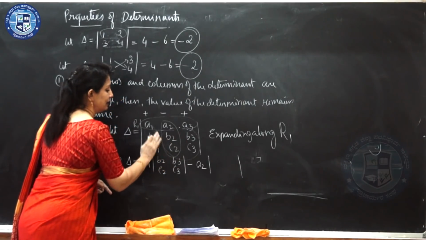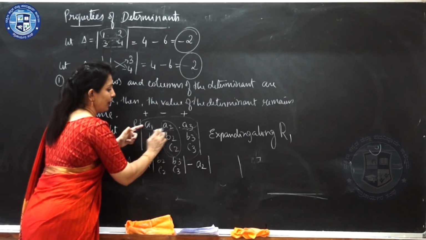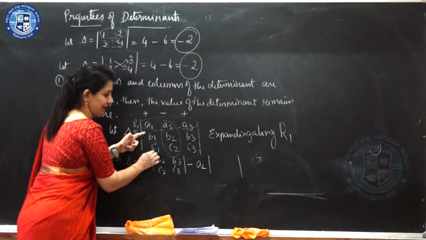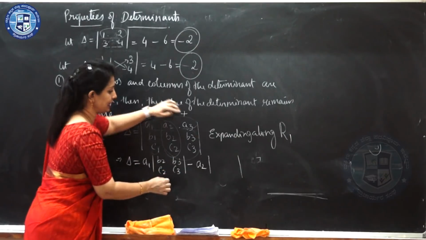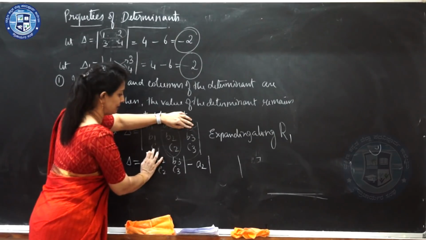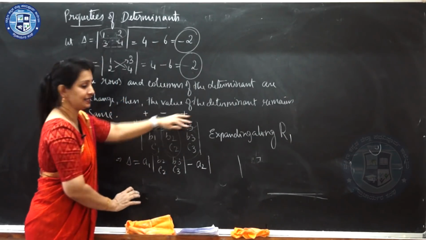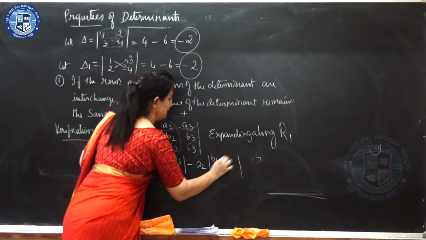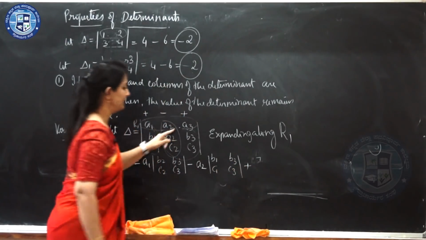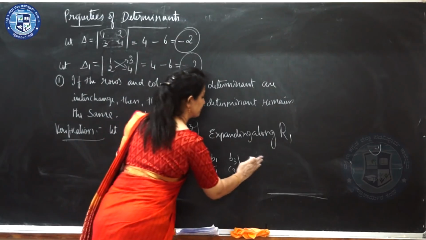A2 is in the first row and second column. So the four elements are B1, C1, B3, C3. Remaining elements are B1, B3, C1, C3. Plus the third element is A3.